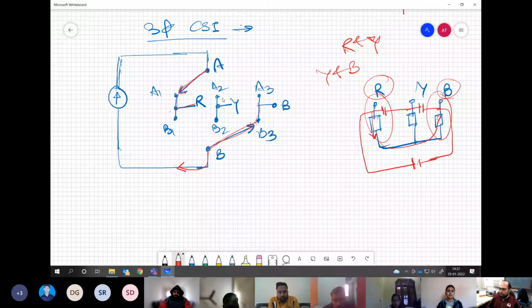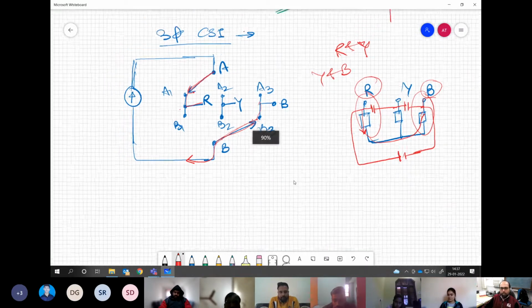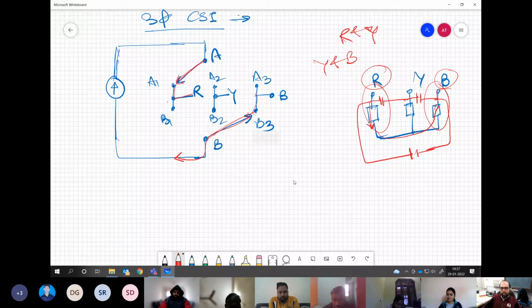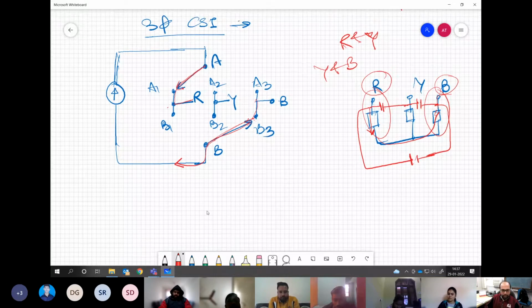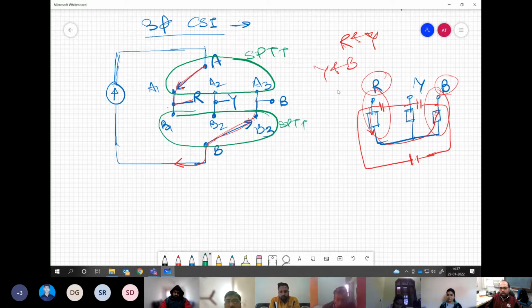Yes, sir. You want me to draw other waveform or other connections, or this is fine? Yes, sir, fine. Good. So this realization is happening through what is called a single pole triple throw switch. This is SPTT. And similarly, if you want to have more number of phases, you need to increase one more option for the pole here.